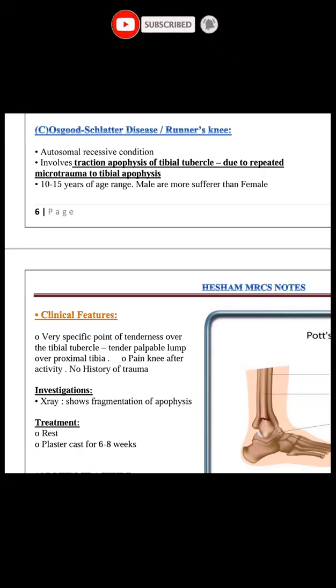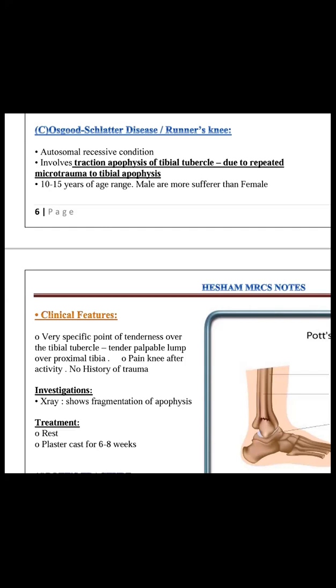This is a condition which is called Osgood-Schlatter disease or runner's knee. It is an autosomal recessive condition. Also, we call it Osgood-Schlatter apophysitis due to traction on the apophysis of the tibial tubercle due to repeated microtrauma in healthy and sports people.